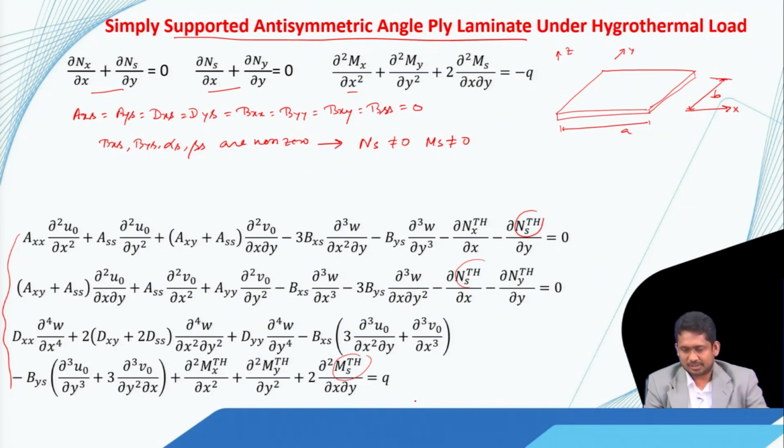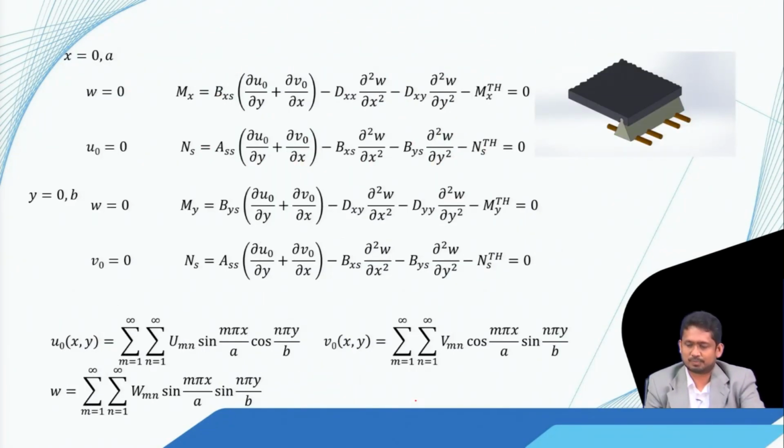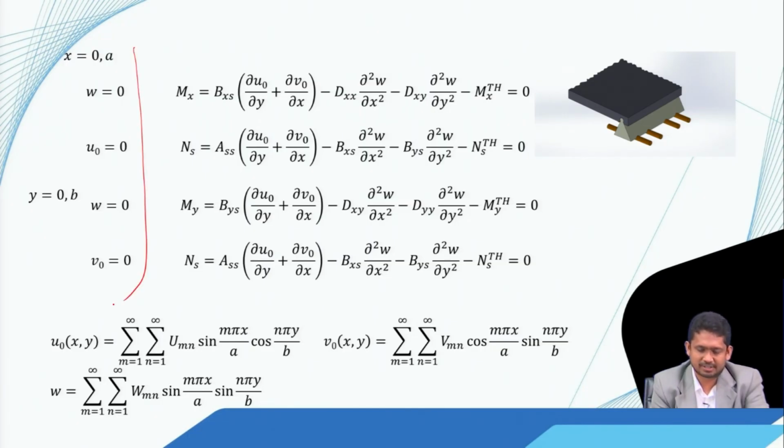Now, let us look at the boundary conditions. We used this kind of boundary conditions before. Here these are the essential boundary conditions, and these are the natural boundary conditions, and with these boundary conditions we had these assumptions.